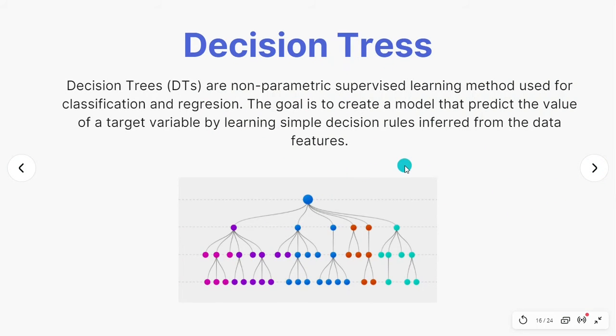The next classification algorithm is decision trees. Decision trees are a non-parametric supervised learning method used for classification and regression. The goal is to create a model that predicts the value of the target variable by learning simple decision rules inferred from the data features.